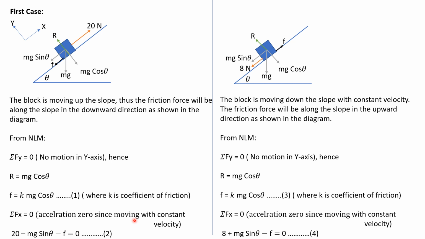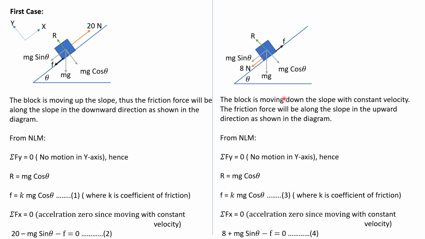Now in case 2, when the block is being pulled downwards with a constant speed, again there is no motion in the y direction. So R will be equal to mg cos theta.